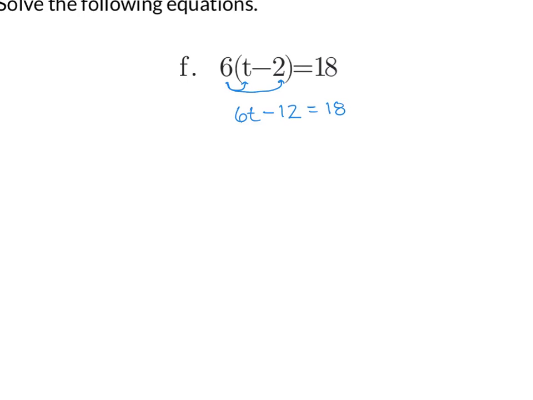I have all of my variables on the left, so I want to move all of my constants to the right. We can add 12 to both sides. 18 plus 12 is 30.